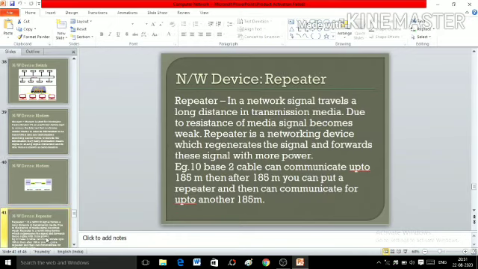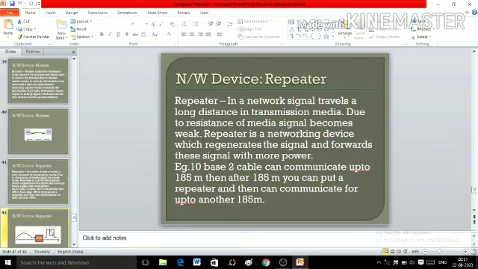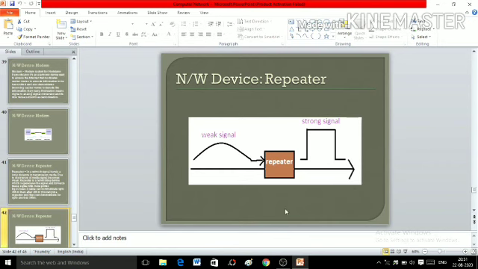After that, there is another networking device, that is the repeater. The working of a repeater is simple, it just amplifies your signal. So let us see its image. It will convert your weak signal into a strong signal. After traveling some distance through communication media, signals lose some of their energy and become weak.